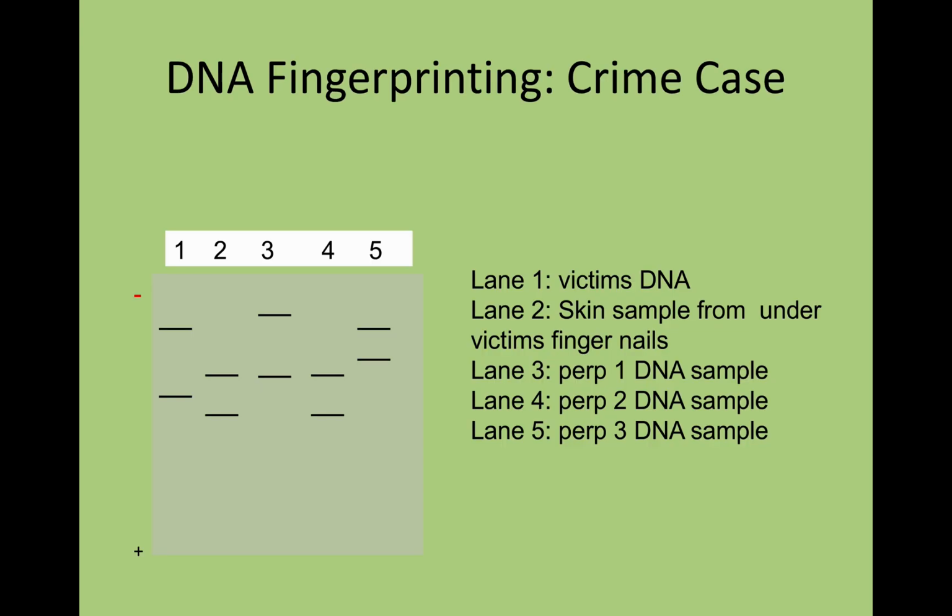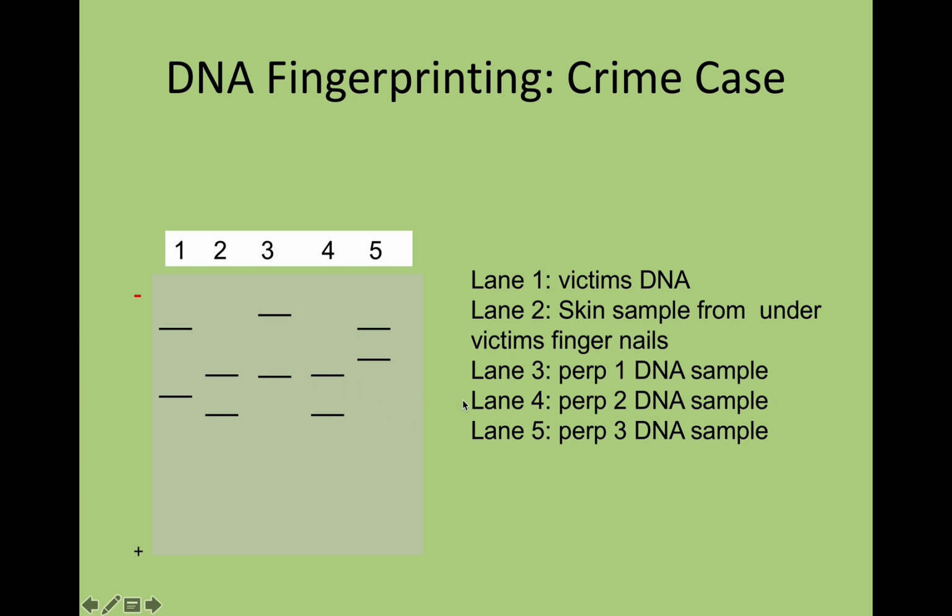So we can apply DNA fingerprinting to numerous applications. In a crime case, just for an example, here in lane 1, we would have a victim's DNA. Lane 2, potentially skin samples from under that victim's fingernails, and we can compare suspected individuals to these lanes to find out who potentially was at that crime scene.